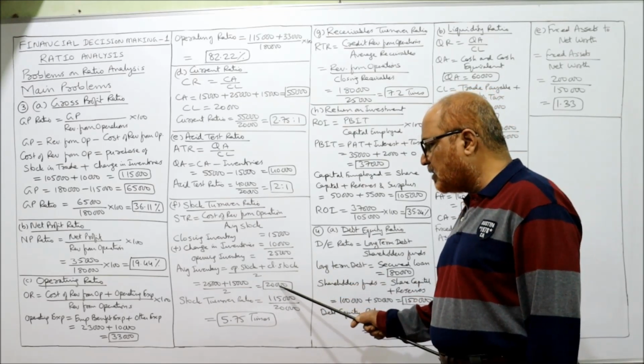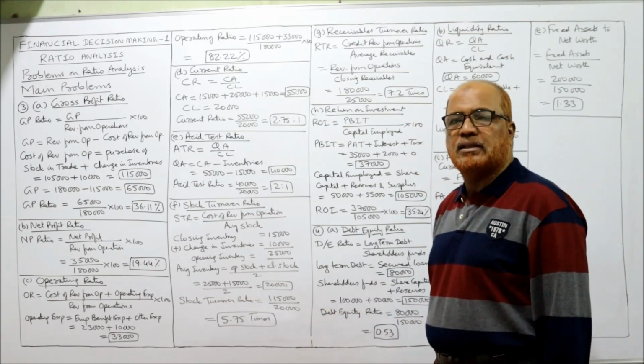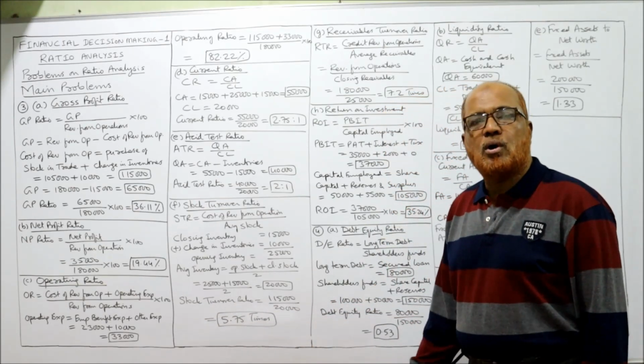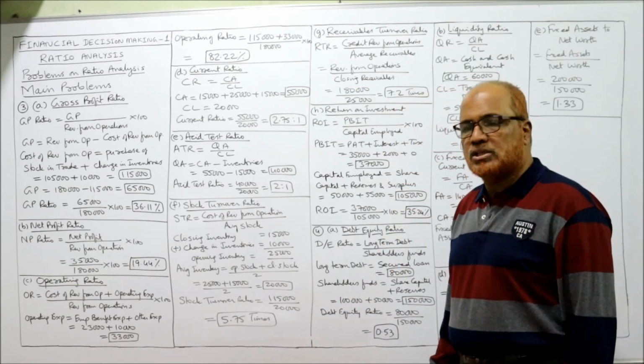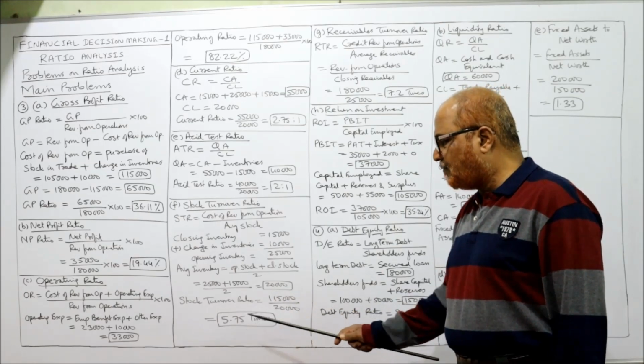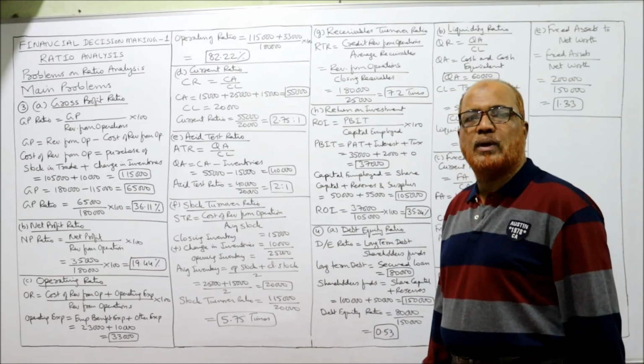So average inventory will be 20,000. 25 plus 15 divided by 2, 20,000. Now we can substitute: stock turnover ratio is equal to cost of revenue from operations 1,15,000 divided by average stock 20,000, 5.75 times. This is the stock turnover ratio.